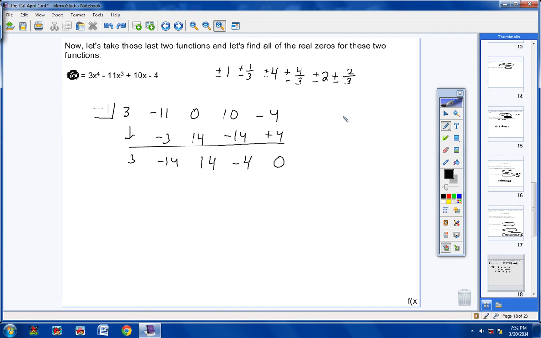One of your zeros was what? We just found it right here. You put -1 in and you got out a 0 using synthetic division. So one of your zeros would be what? -1. Now just take what's left over here.